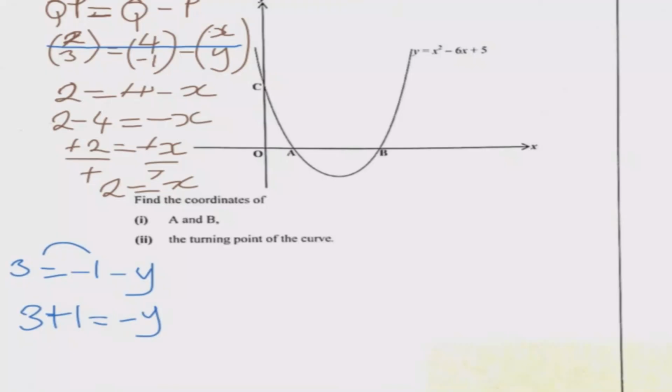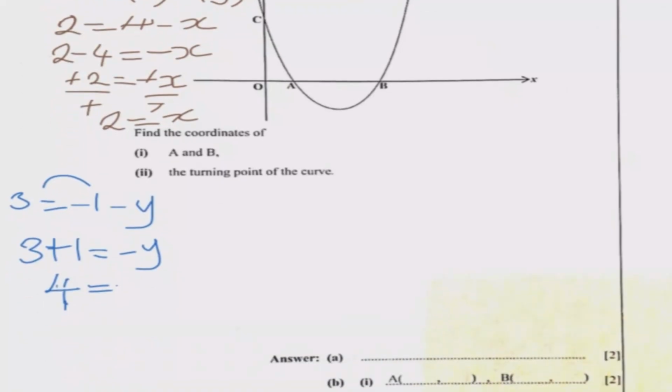Then what we do is we evaluate that, which will give us 4 is equal to, so 3 plus 1 will give us 4, then it will be equal to negative y. Then what we do next is we want to find the value of y. That means we divide both sides by a negative, so it can be -1 or just a negative.